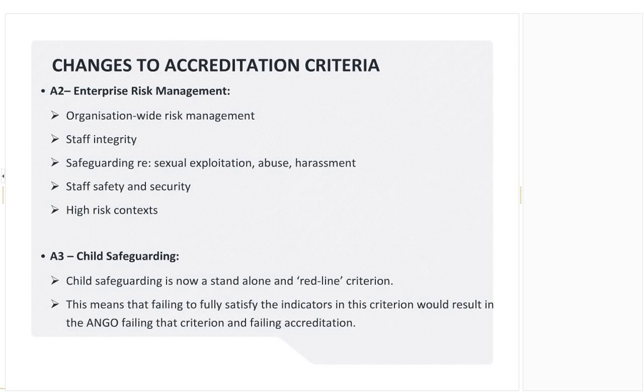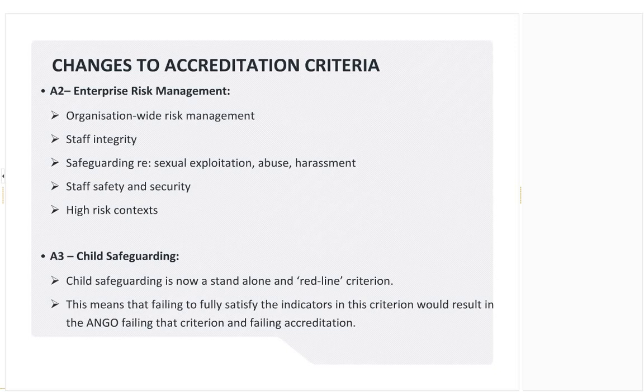So A2 is a new criterion. We've called it Enterprise Risk Management, and it really is a home, if you like, for all aspects of risk management at an organisational level. So it now includes the organisation's overall approach to risk management from an organisation perspective.